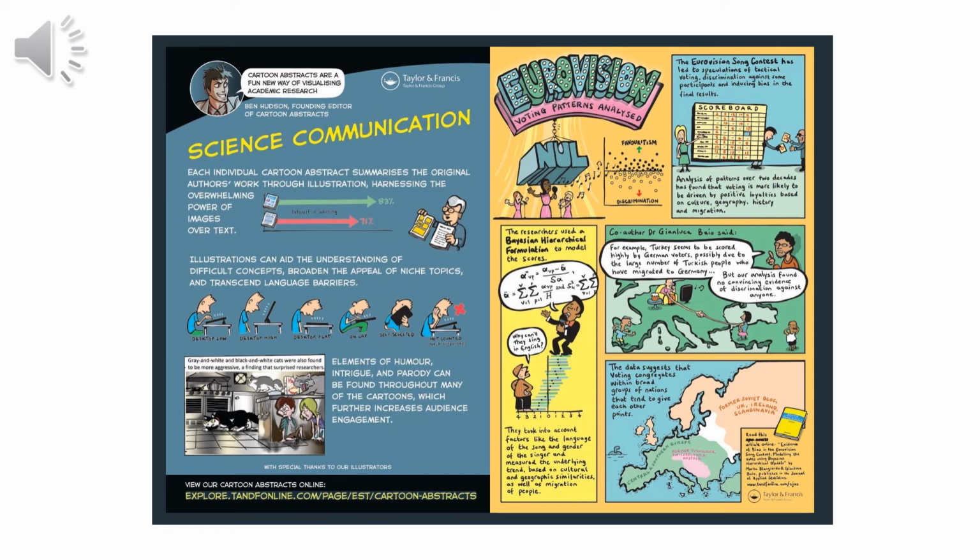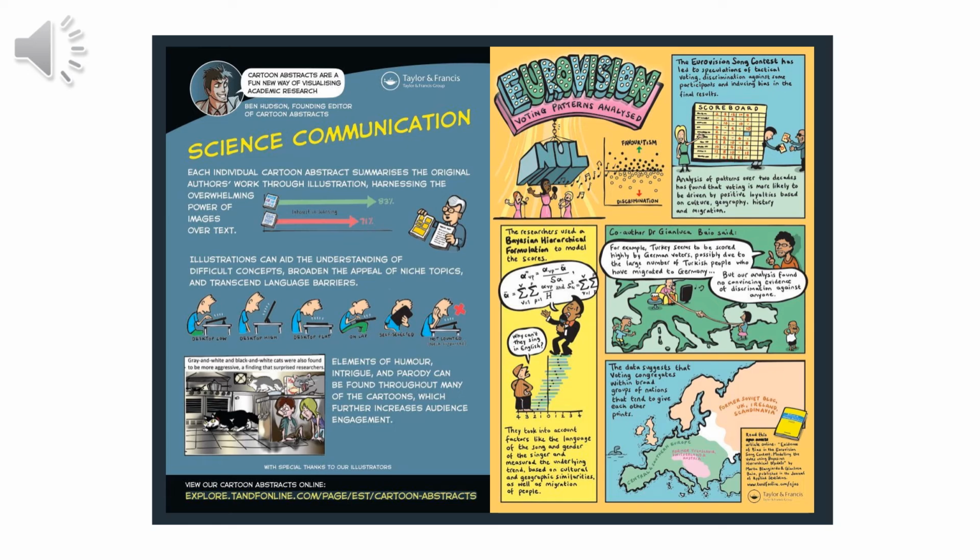Now, I've often talked about visual abstracts or comic cartoon abstracts of academic research in previous units. But if you have not encountered the idea, it's simply the idea of taking an academic paper and turning it into a comic type story and presenting just a few basic facts to get people interested in your publication.